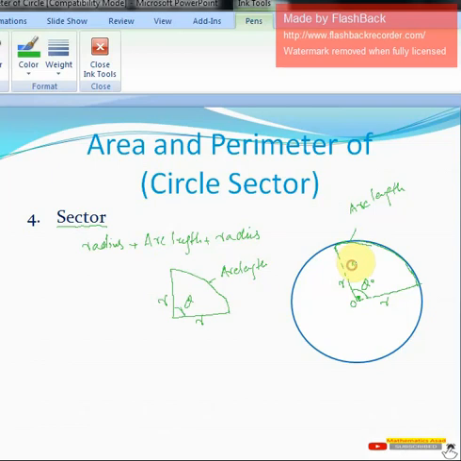This can be called the minor sector. One more sector is formed here. This is arc, and it is the major sector. How we can find the area and perimeter of sector, we will discuss comprehensively in the next slide. Okay, so move to the next.